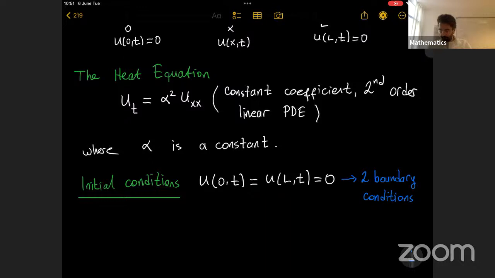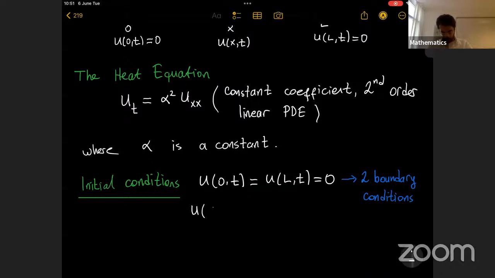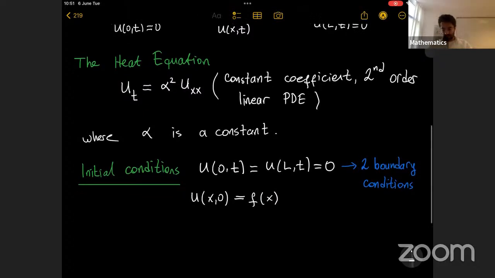And we have one more condition. This is u(x,0) is equal to f(x). This is the initial condition which describes the initial temperature at any point, okay? F is an arbitrary function, which will be given in the question as well as in examples.